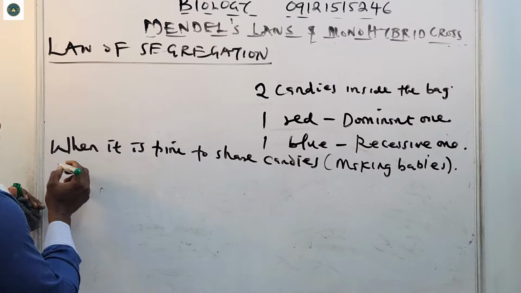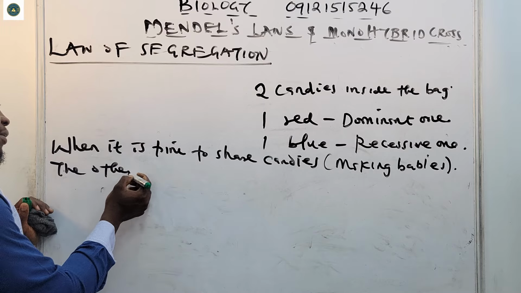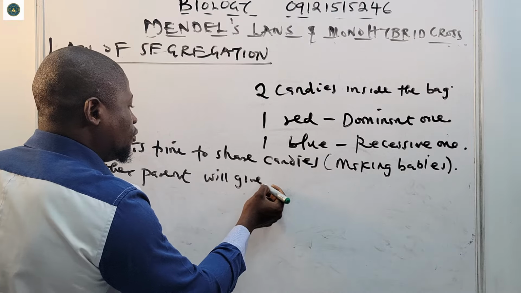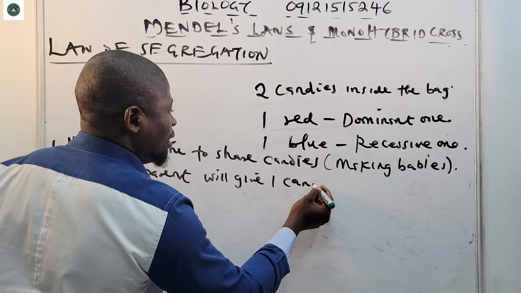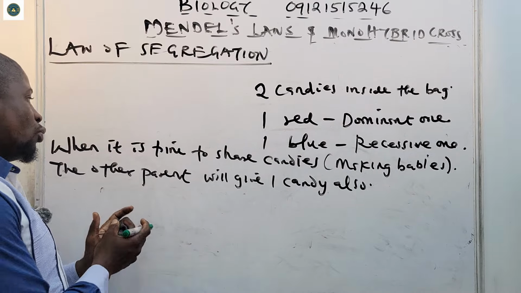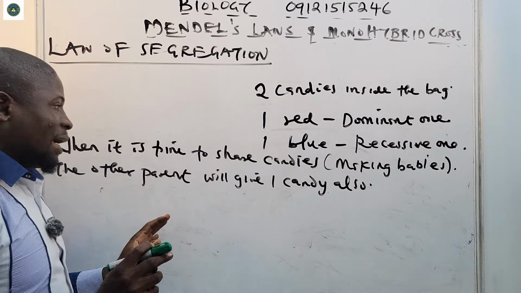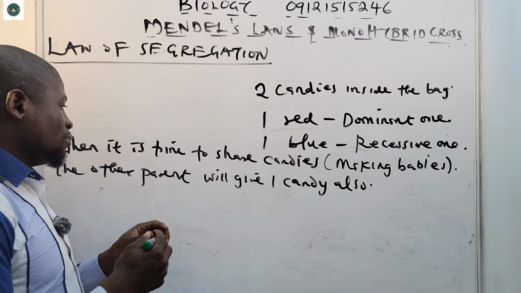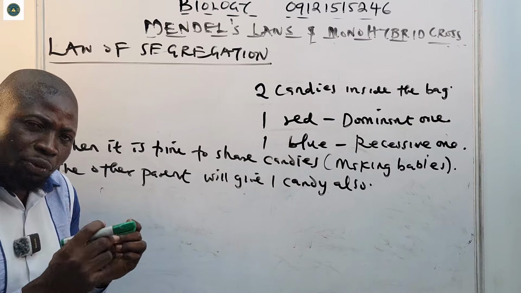And then the other parent will give one candy also. So when you want to make babies, you bring one candy, because both parents must contribute to the offspring.